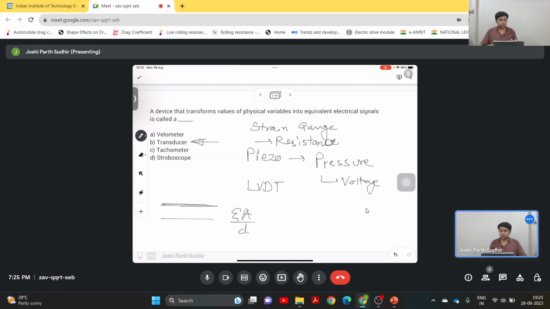If we change the surface area or the spacing d between the parallel plates, it will produce a proportionate change in the capacitance, and subsequently a change in the voltage observed across the capacitor terminals. So that can also be considered an example of a transducer.